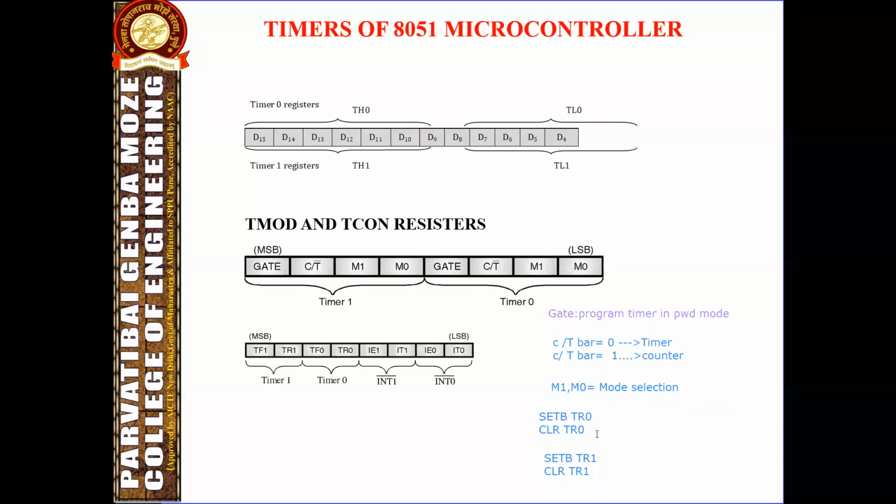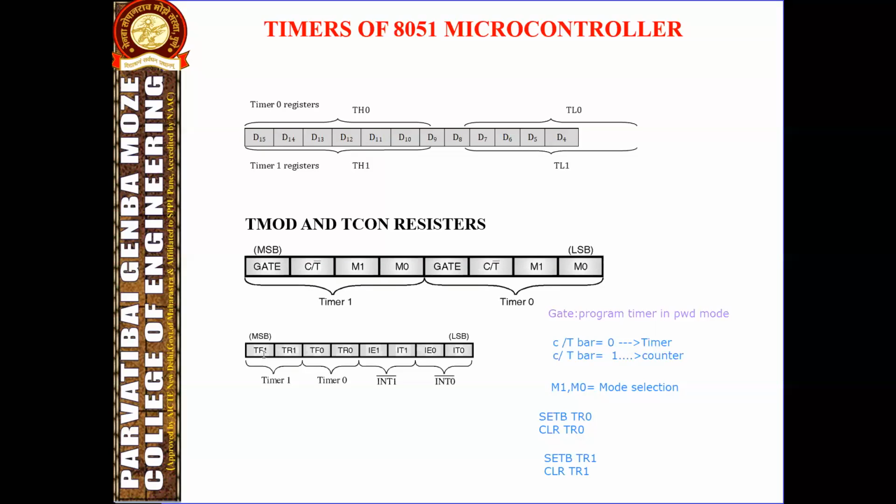The hardware method for starting and stopping the timer by an external source can be obtained by making GATE equal to 1 in the TMOD register. Here TF1, the 7th bit of TCON, is the timer 1 overflow flag.